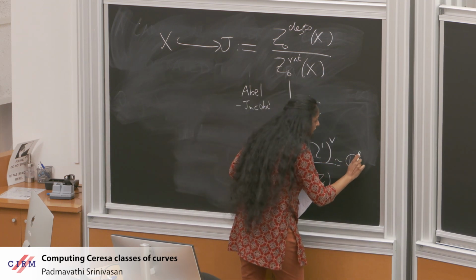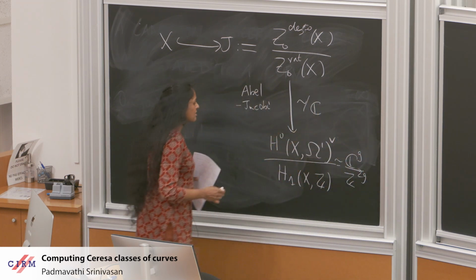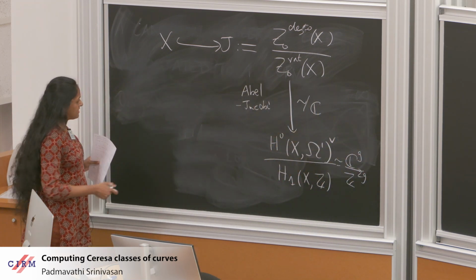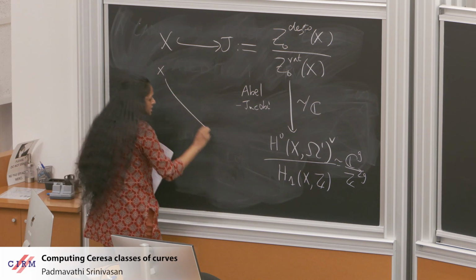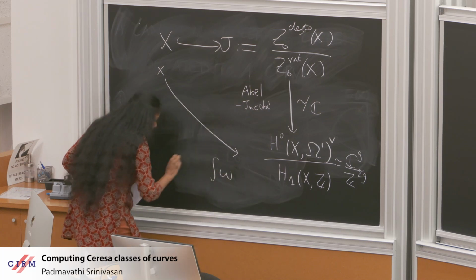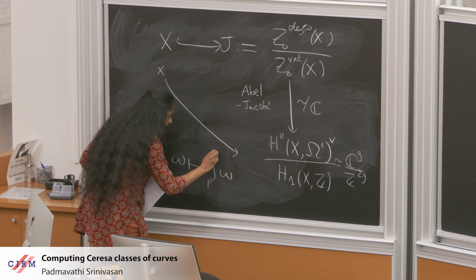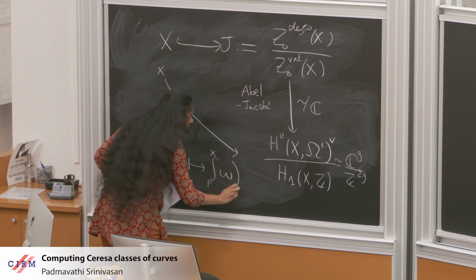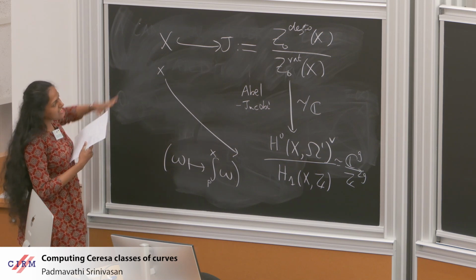This is quite a large group, infinitely generated, but at least something we can write down: it's C to the g mod a lattice. And this map just sends X to the functional that integrates omega along some chosen path from P to X. So this is a very familiar story.